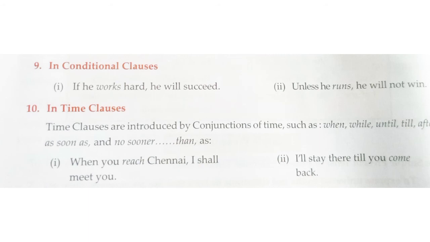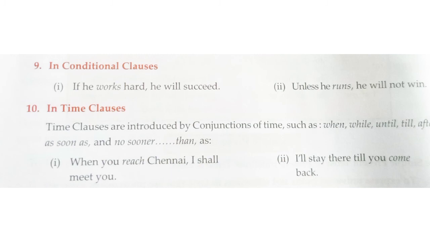We use the present indefinite not only in conditional clauses but also in time clauses, which are introduced by conjunctions of time like when, while, until, till, after, as soon as, no sooner than.